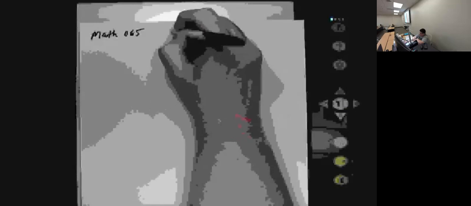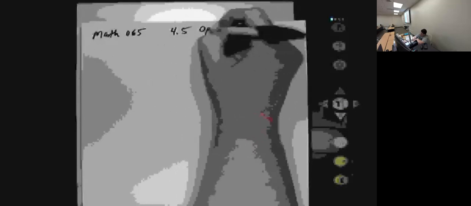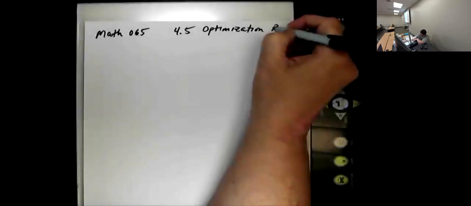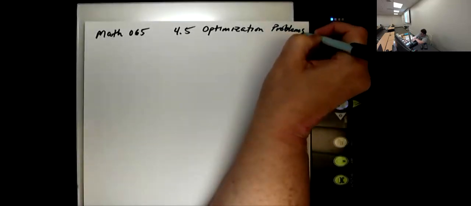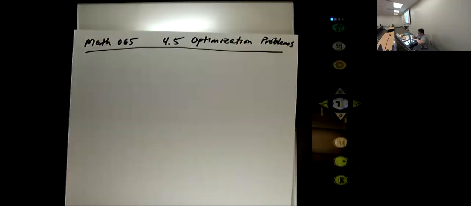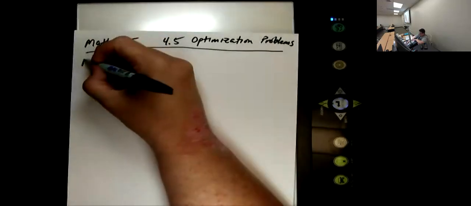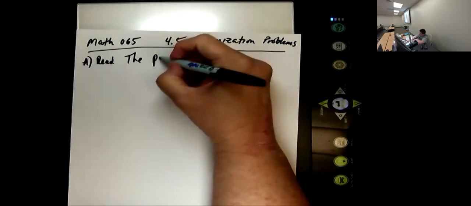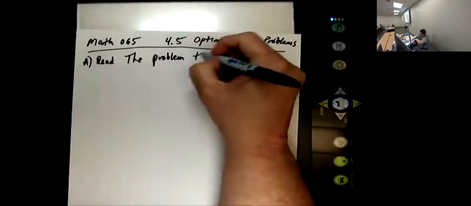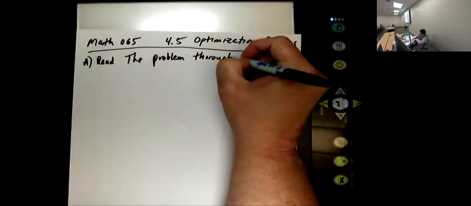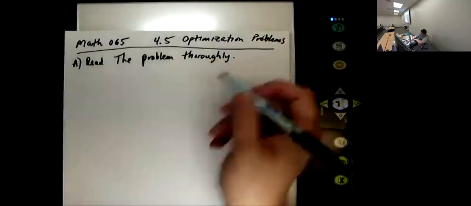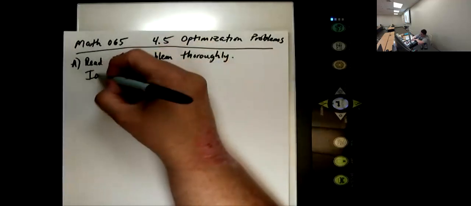We were in 4.5, optimization problems. And quick recap. Read the problem thoroughly. Identify what is known and what you want to find.